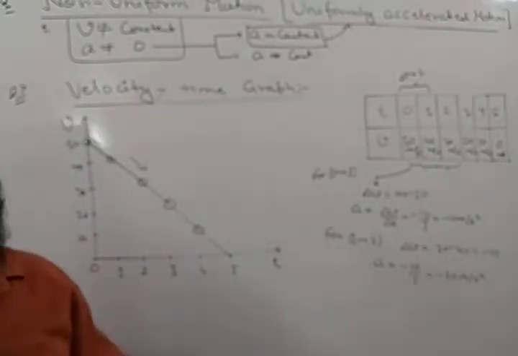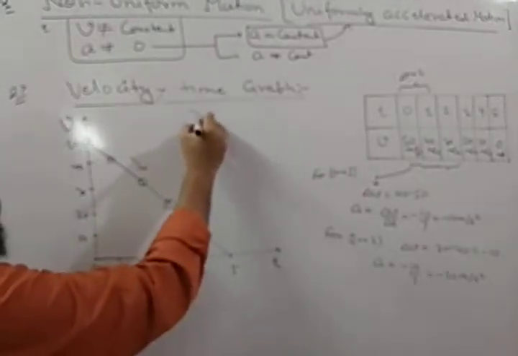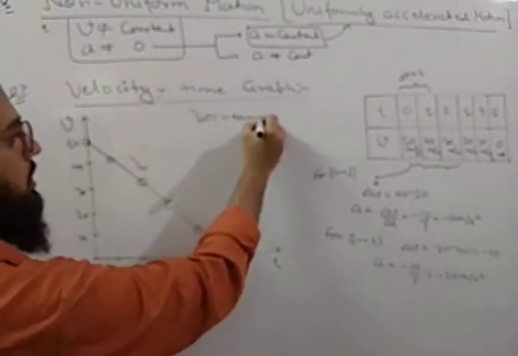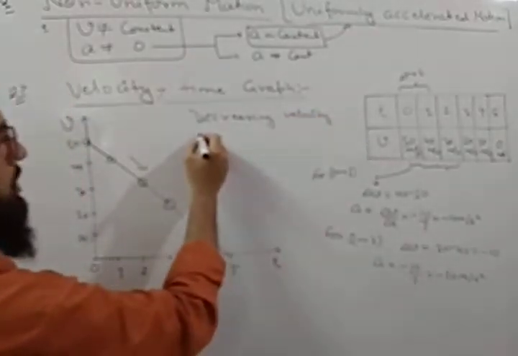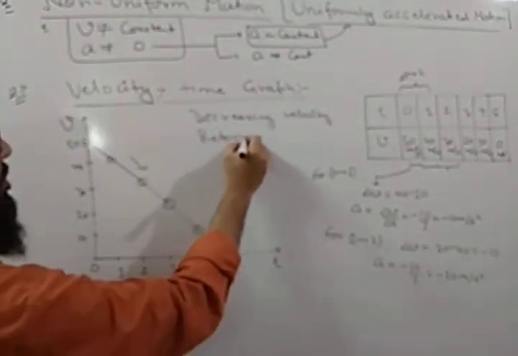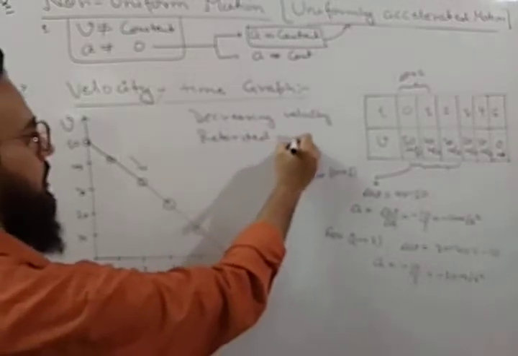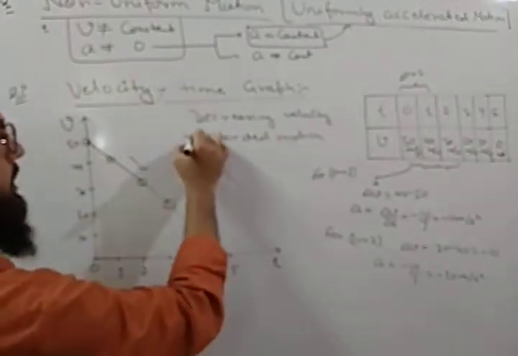It represents that velocity is decreasing with the increment of time. So this is the graph of decreasing velocity, or you can say retarded motion graph.